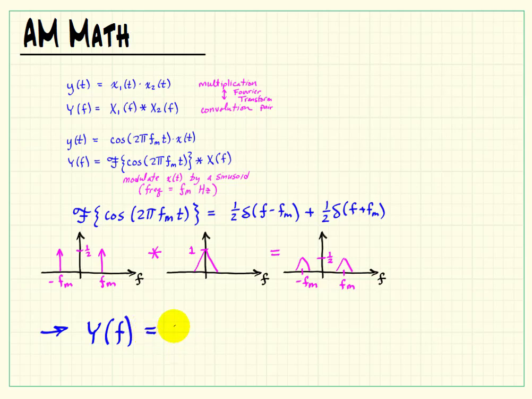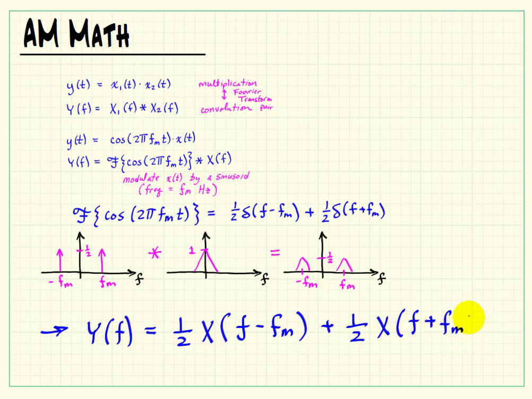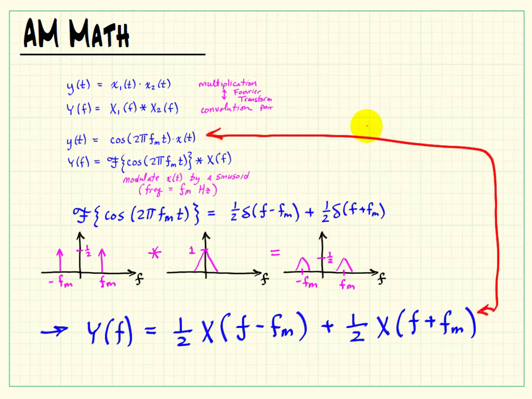So altogether, we could say that the spectrum associated with a modulated signal will be half of the spectrum shifted to plus fm and half of the spectrum shifted in the opposite direction to minus fm. So when we compare the time domain version of y to its frequency domain version of y, we say that this is the modulation property of the Fourier transform.